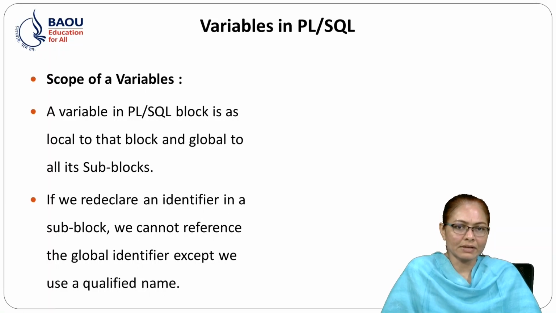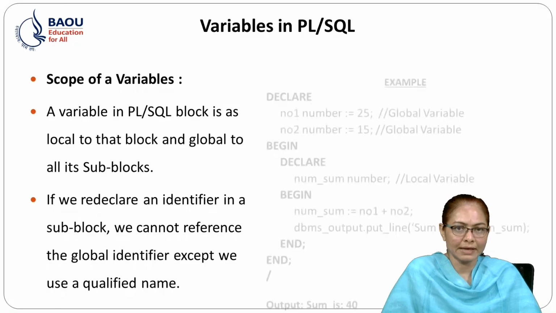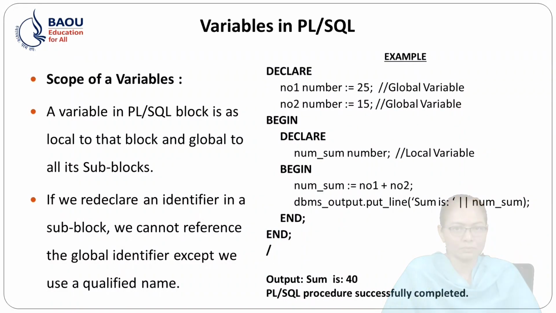In the given example, the declaration of the two variables number 1 and number 2 is in the outer block, that is, global variables, and the third variable is num sum. Here, see, it is a global variable and it is a local variable.